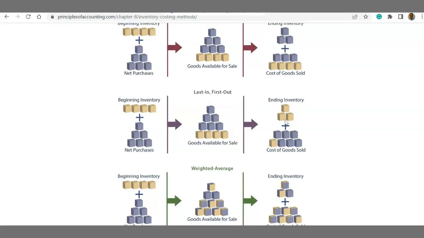So in last in, first out, at the end of each year, if inventory is left over, it will be based on different layers. And for every layer, you have to keep a record of what is left at the end, at what average price.